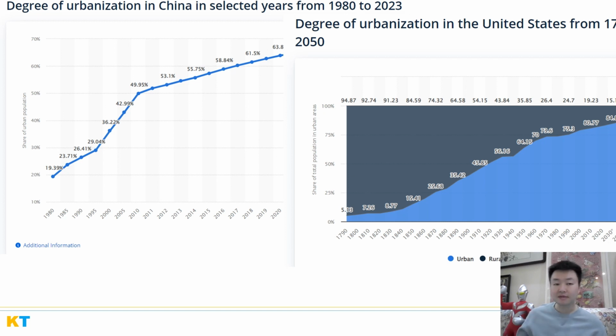One thing you notice is that China developed quite quickly, and its urbanization increased a lot in a short amount of time. Whereas for the United States, in the 1980s the country was already quite urbanized, and so the urbanization increases are much slower.